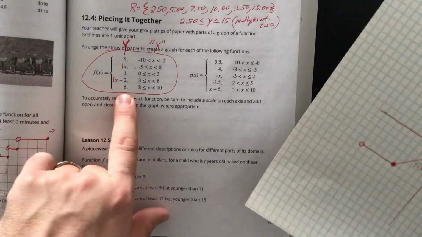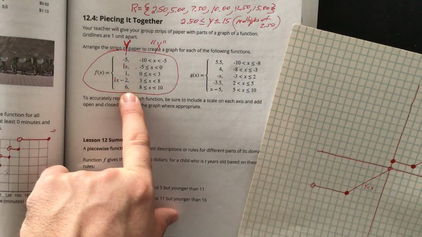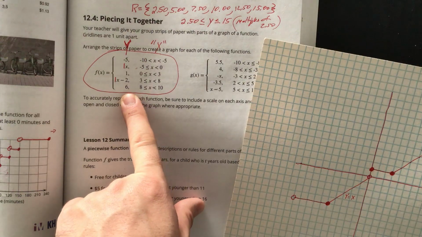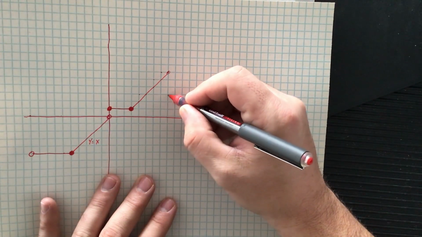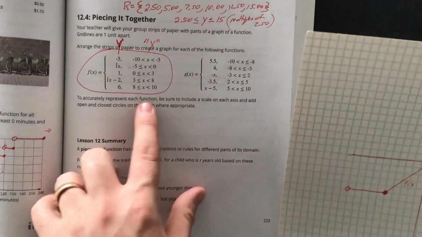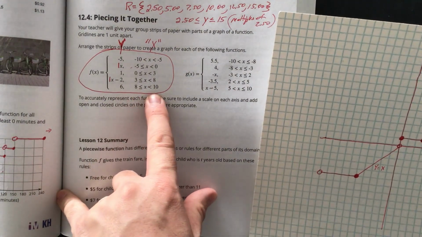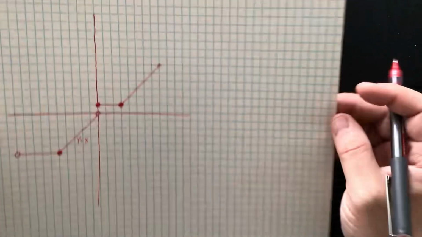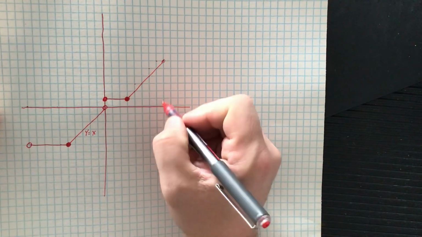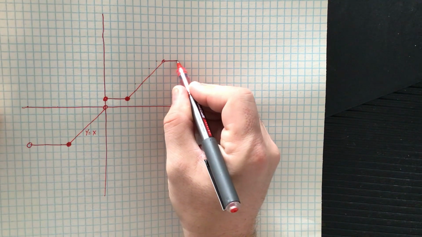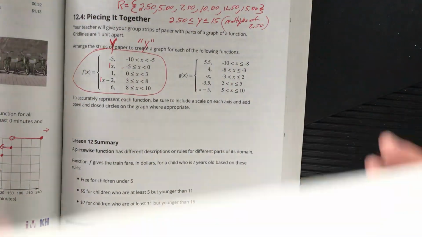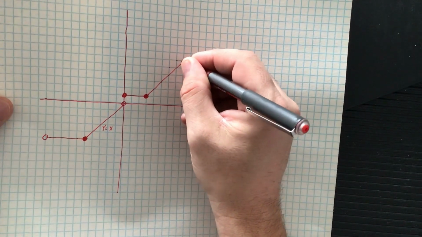All right, the last one. What's my height? My height is 6. Am I at 6 now? 1, 2, 3, 4, 5, 6. I'm at 6 now, so I'm going all the way to 10. So this was at 8, 8, 6, going to 10. This dot gets filled in.